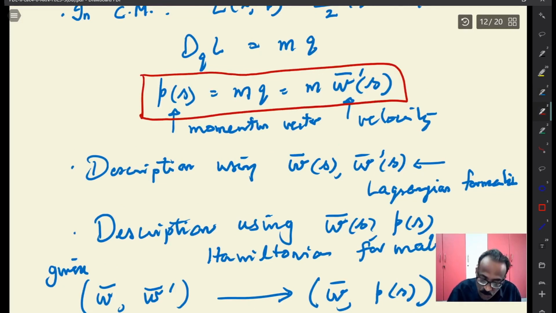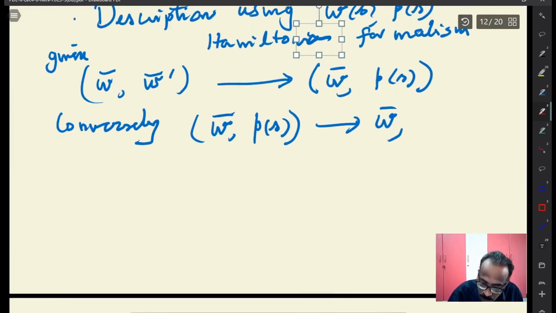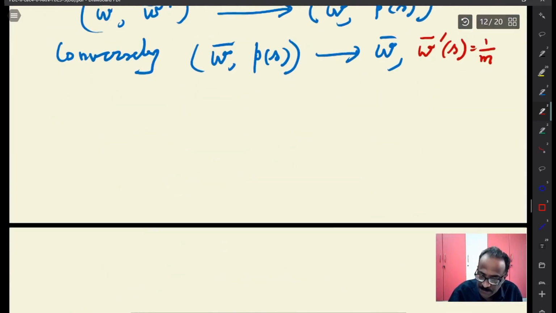Given P you can compute W bar prime. You see, that is equal to nothing but 1 over m times P of s.